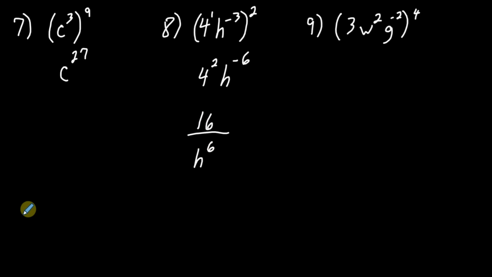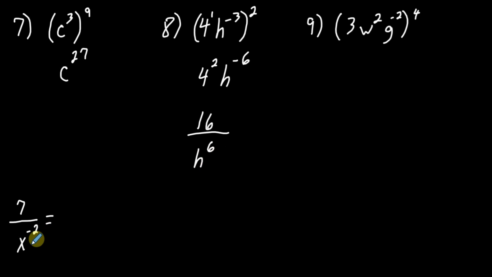Okay. Side note here: if you have, let's say, 7 over x to the negative 2. It's unusual that you see this, but we just reversed that rule. To make this from negative to positive, we shifted it to the denominator.